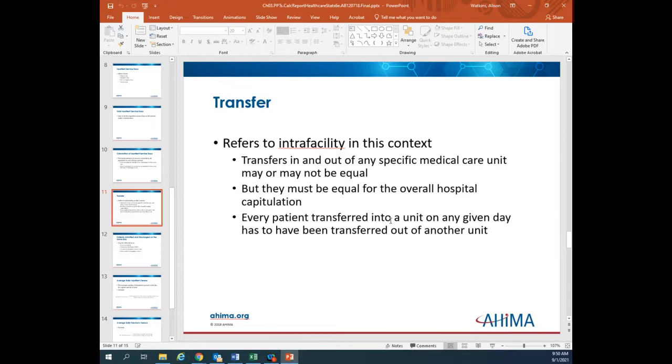It says the number of patients in the hospital at 12:01 on November 1st. That's a census, okay, 257. But the number of patients admitted on November 1st. So there were 45 patients added that day. So we're up to 302, minus the number of patients discharged on November 1st. So we take those away, 24.